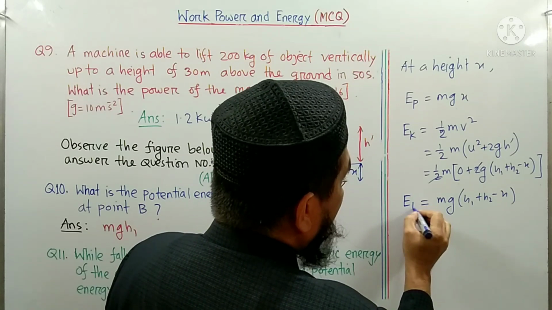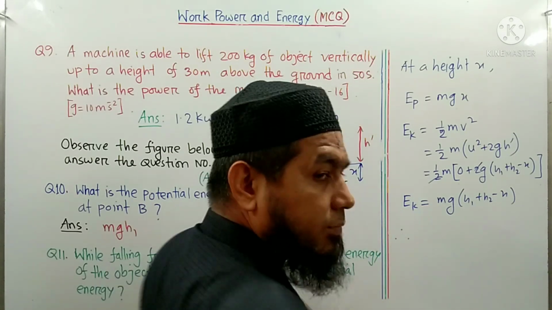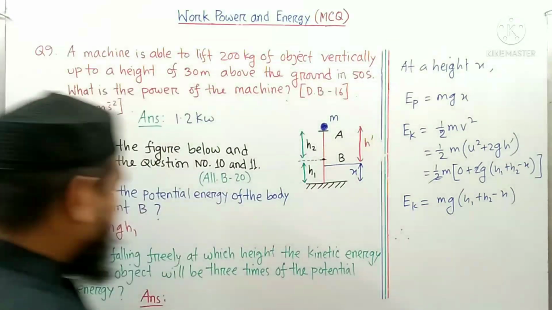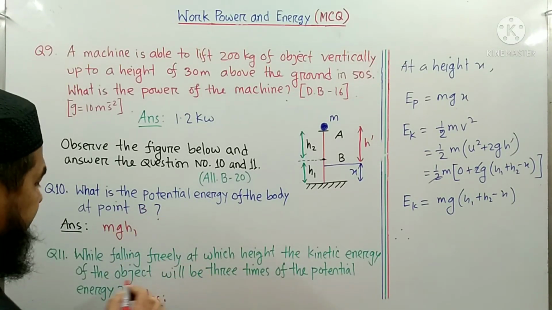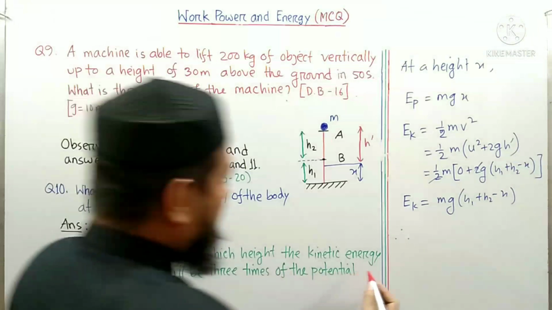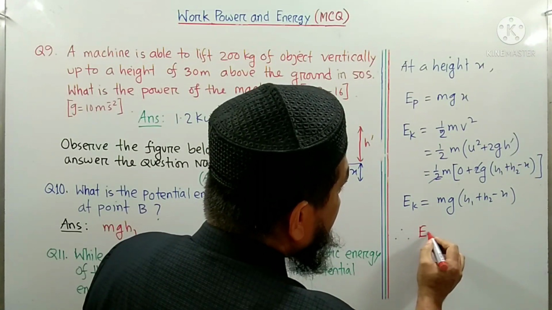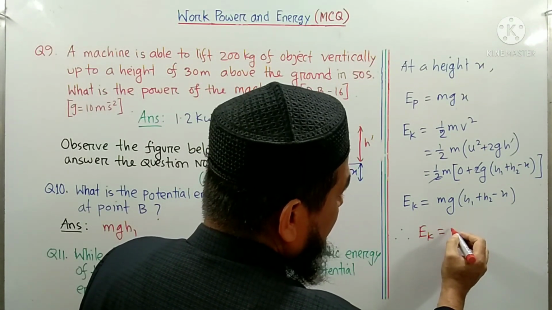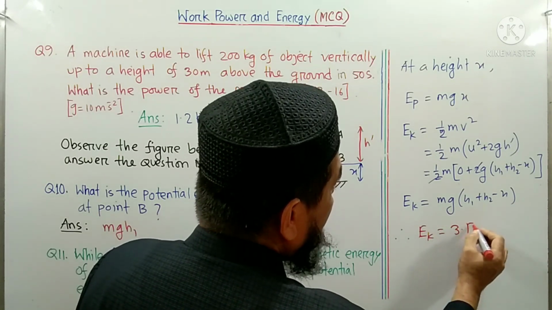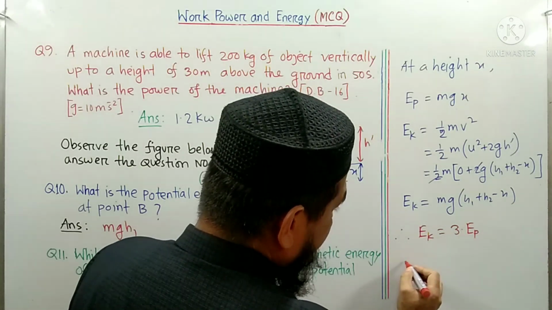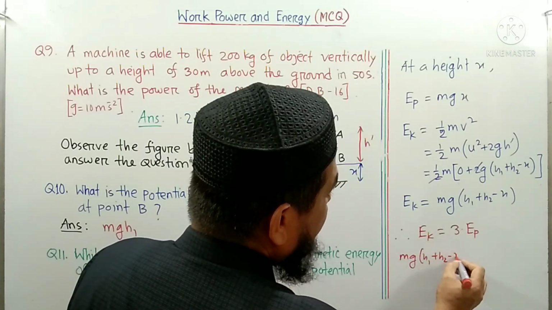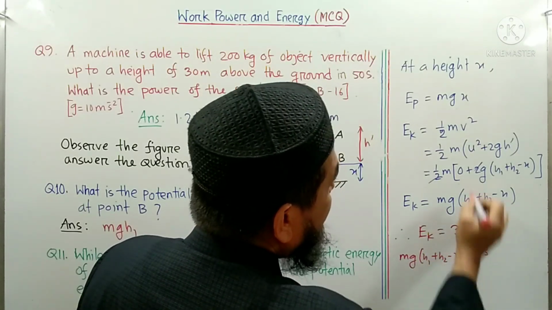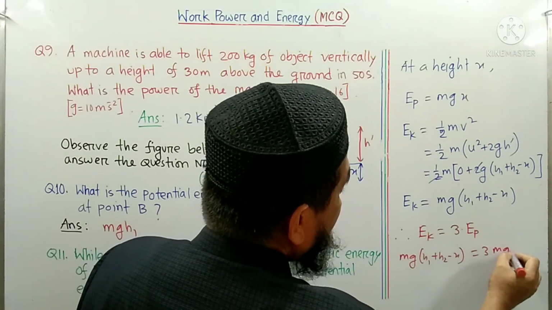This is kinetic energy. The given condition is kinetic energy of the object will be 3 times of the potential energy. So Ek is equal to 3 into Ep. Ek will be mg(h1 plus h2 minus x) and Ep is equal to mgx.